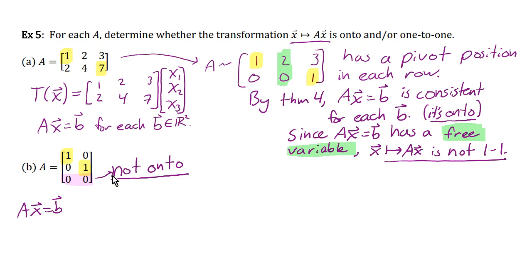And let's think, is it one-to-one? That means does AX equals B have more than one solution? Well, if we write out the augmented matrix for this, you might already know the answer, but I'm just trying to explain it in as much detail as I can.